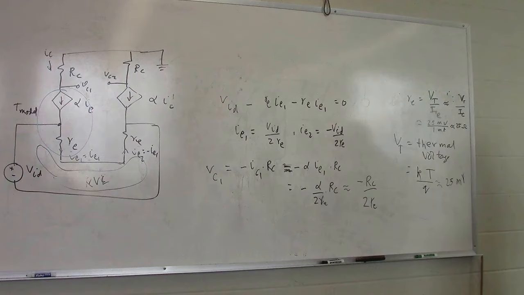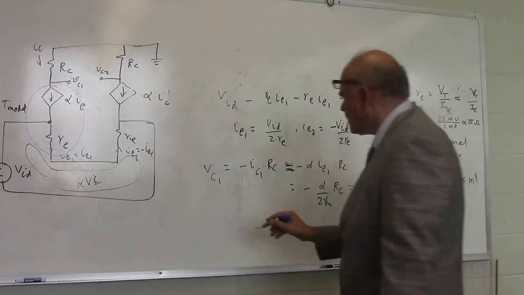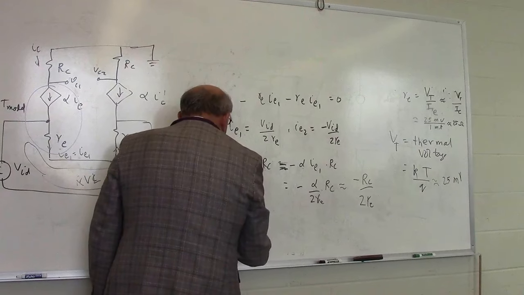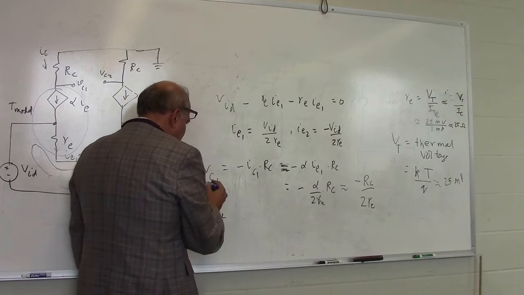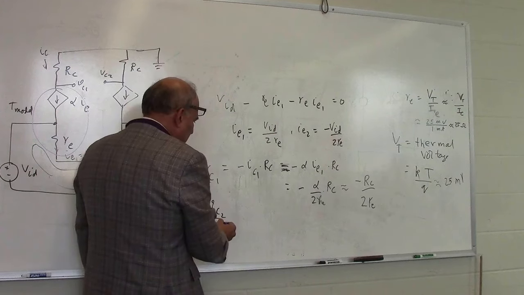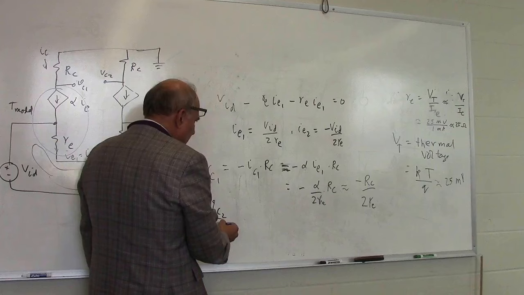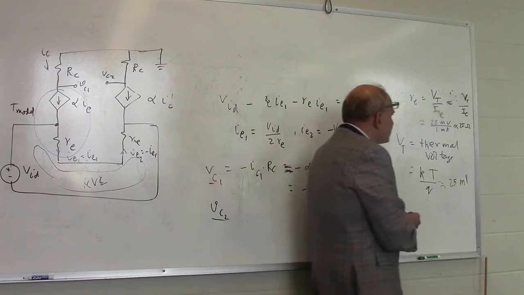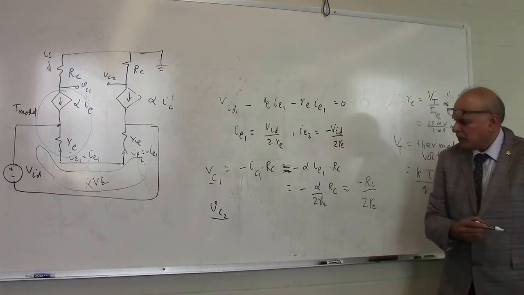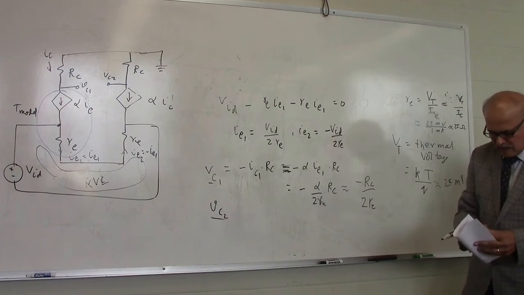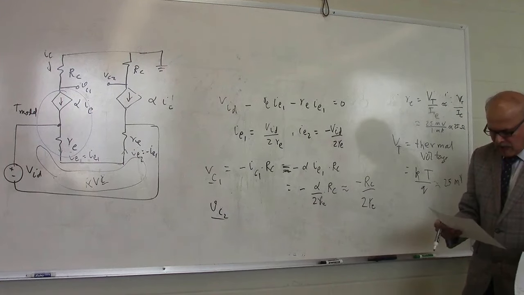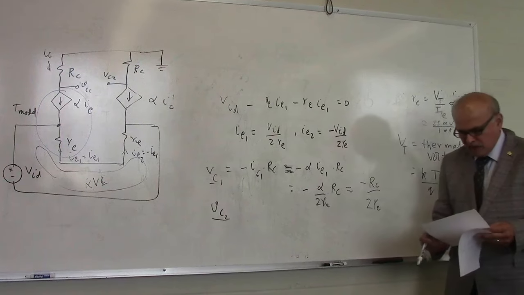So what about VC2 divided by VI? RE is VT over IE.